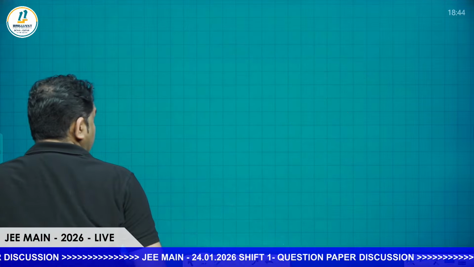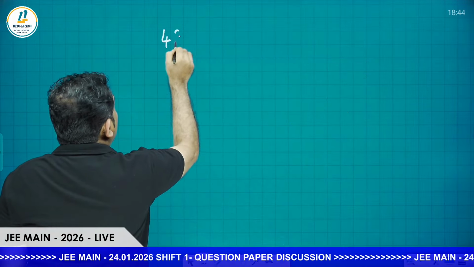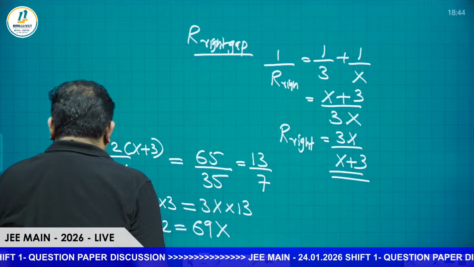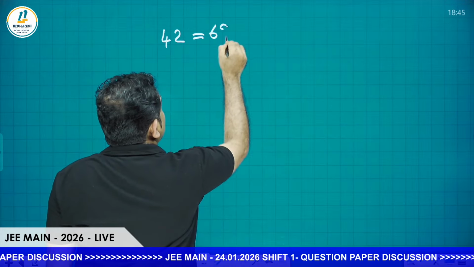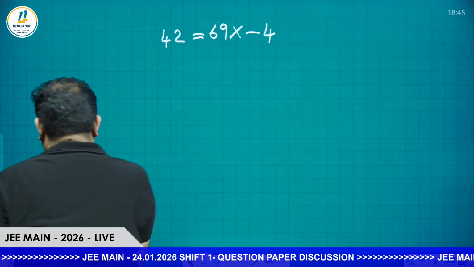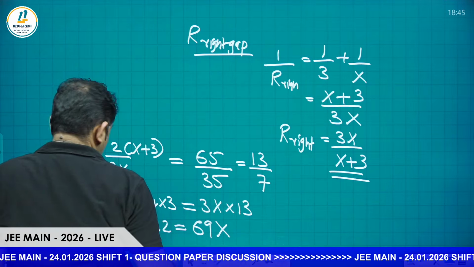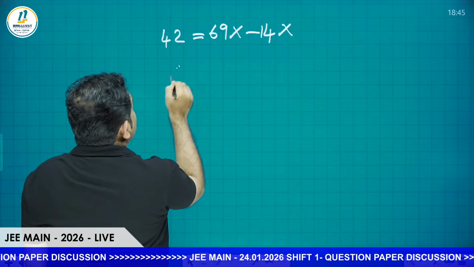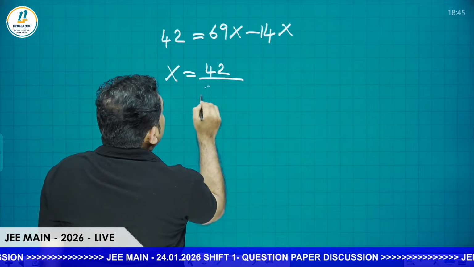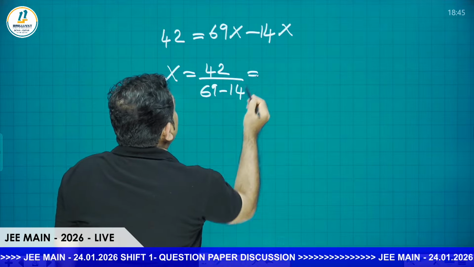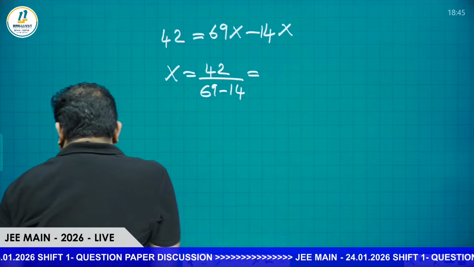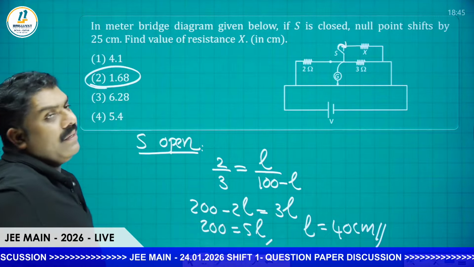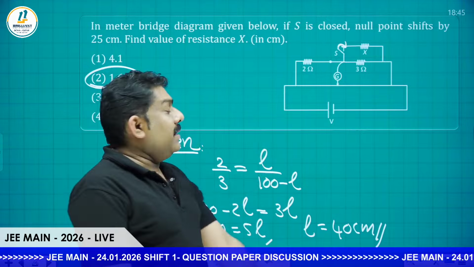So 42 is equal to 39x minus 14x. Then we can simplify: x is equal to 42 by 39 minus 14. Now this value is coming, that is equal to 1.68.